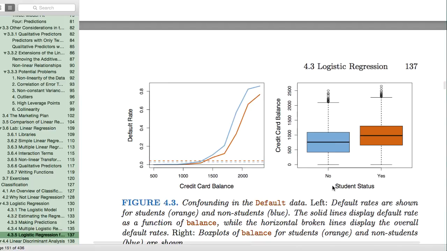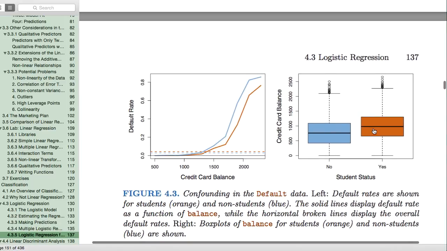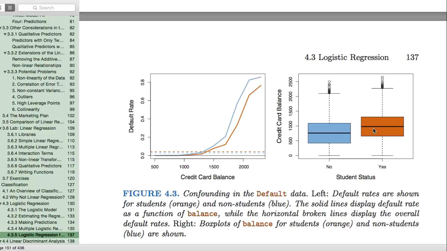Students have a tendency in this data set to carry a higher balance. So any given student that you pick is going to be more likely than any non-student to default, because they carry a higher balance, and higher balance suggests a higher likelihood of default. But at any given balance, the curve for the student is below the curve for the non-student.